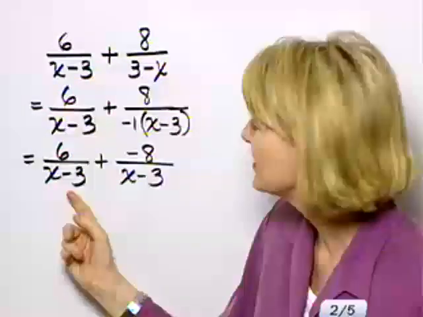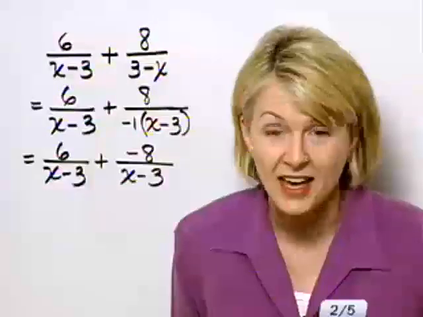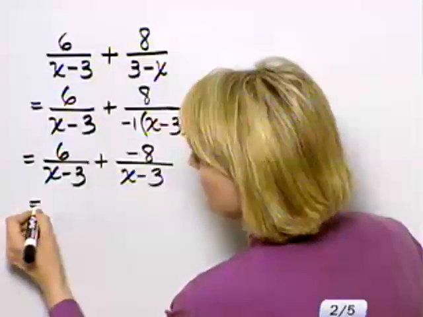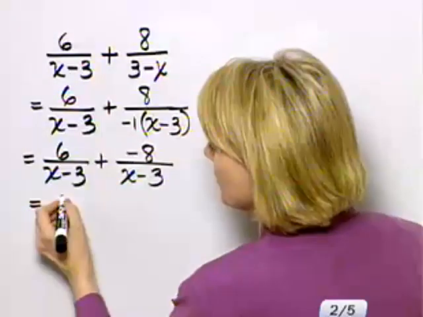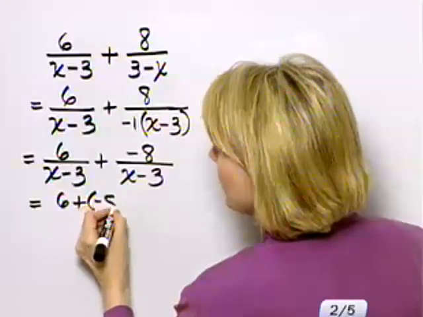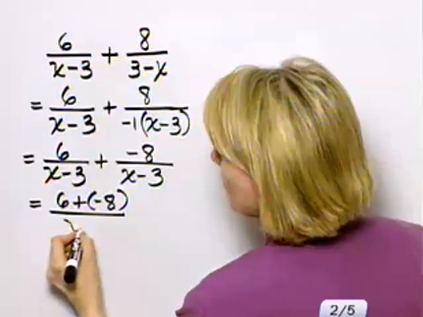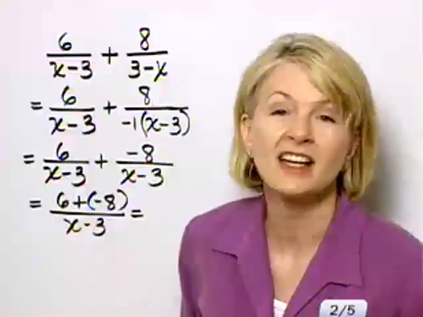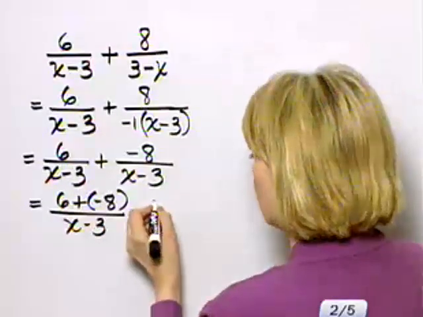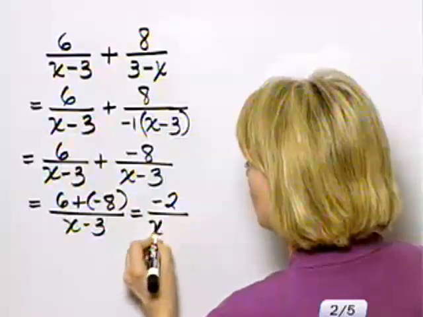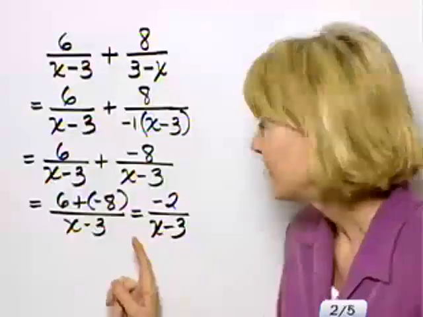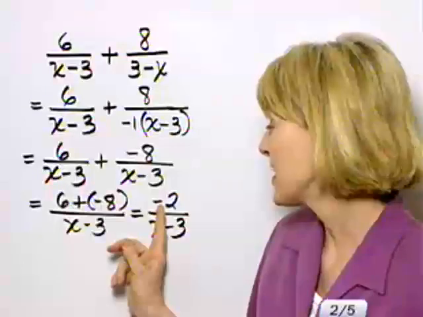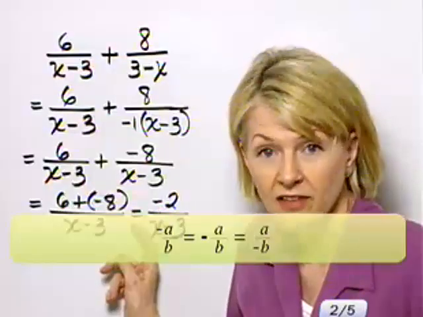And now notice the denominators are the same. So what do we have? We have 6 plus -8 over a common denominator. And what is 6 plus -8? That's -2 over x minus 3. Now don't forget again, you can take this negative and write it out in front.